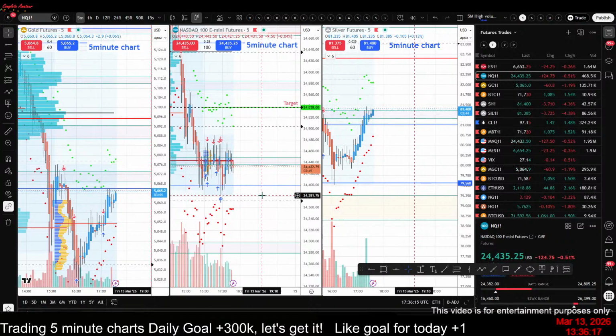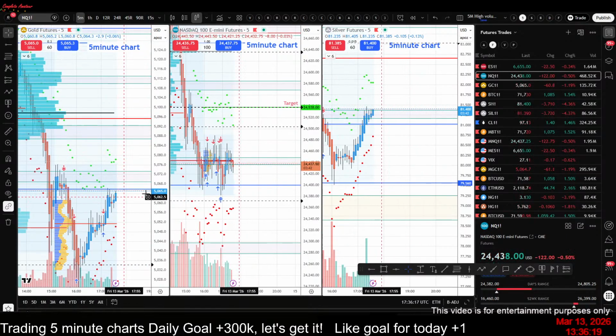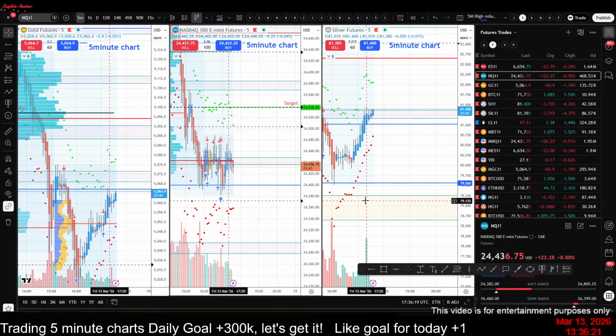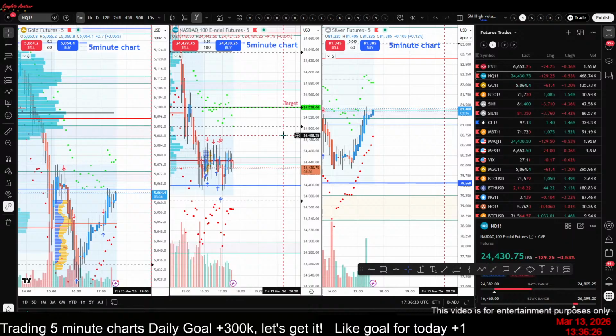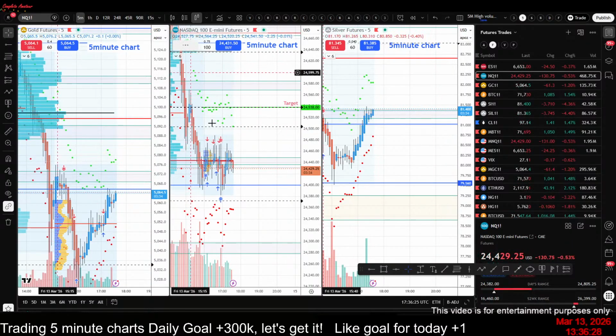Problem with taking a short here is gold and silver going up. Doesn't bode well.